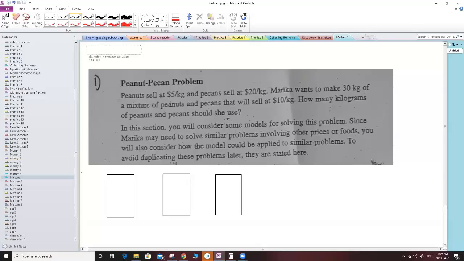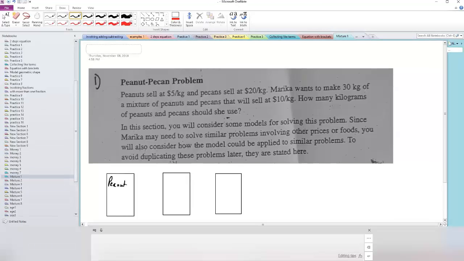So I'm going to imagine that we have a container here with peanuts and another container here with pecans. And we want, with Marika, to create a mixture between the peanuts and the pecans. The peanuts, to sell it, it's $5 per kilo.